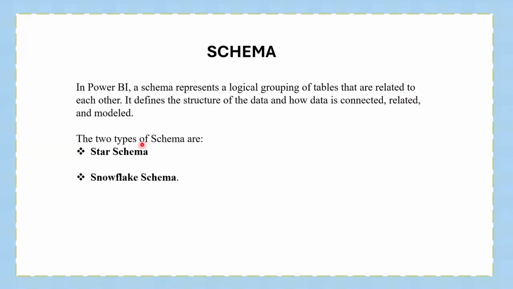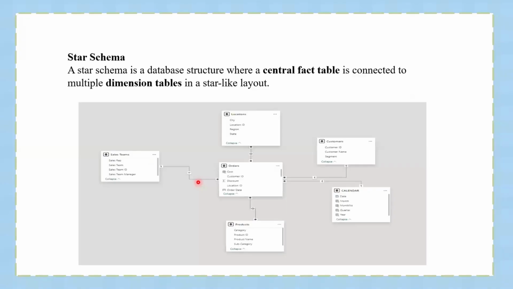And we have 2 types. We have the star schema and we have the snowflake schema. What is a star schema? A star schema is a database structure where a central fact table is connected to multiple dimension tables in a star-like layout. I have an image here to display as an example.